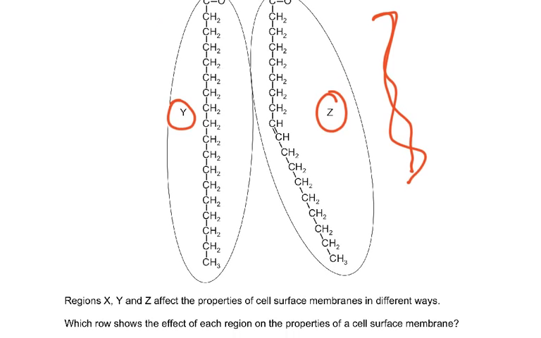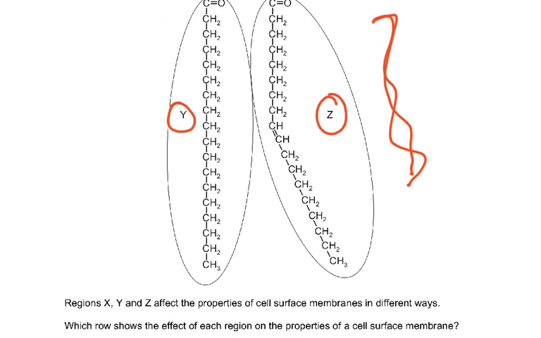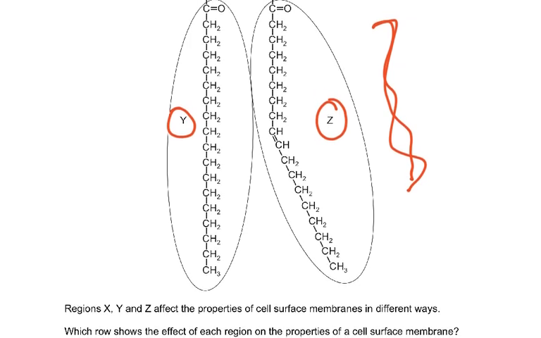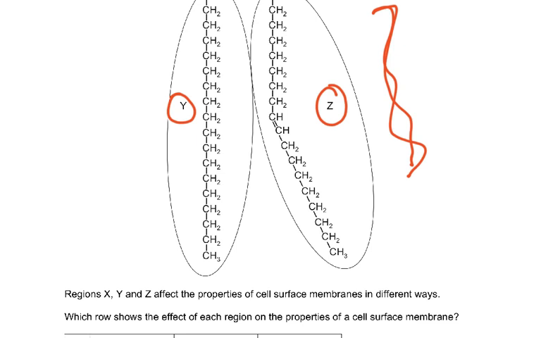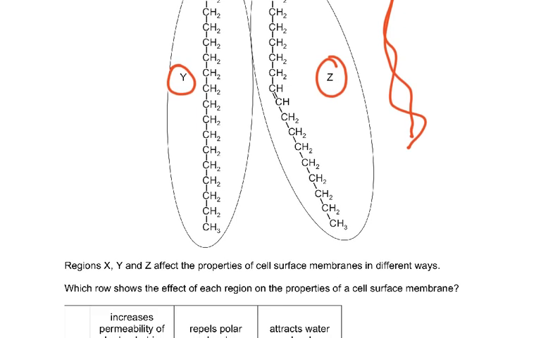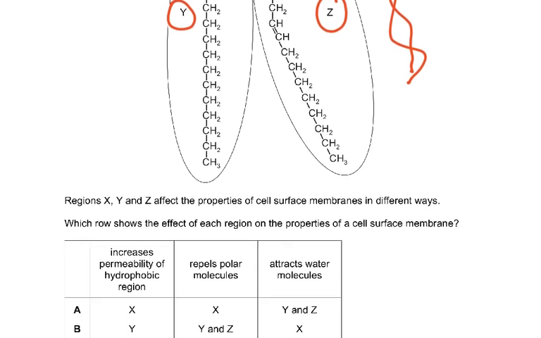And then it says regions X, Y, and Z affect the properties of cell surface membrane in different ways. Which row shows the effect of each region on the properties of a cell surface membrane?